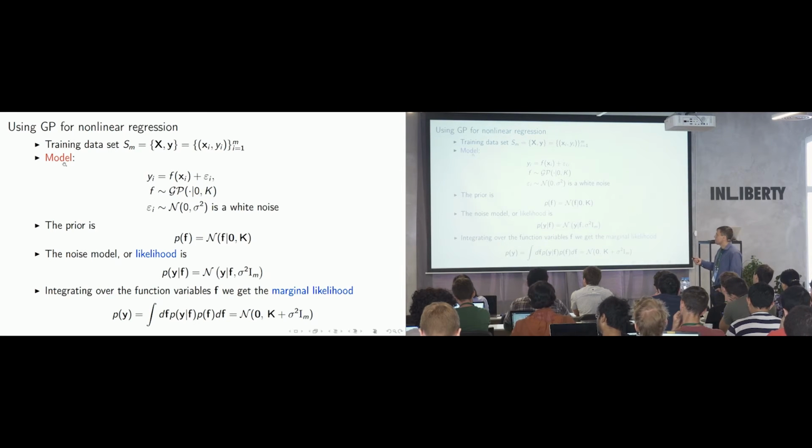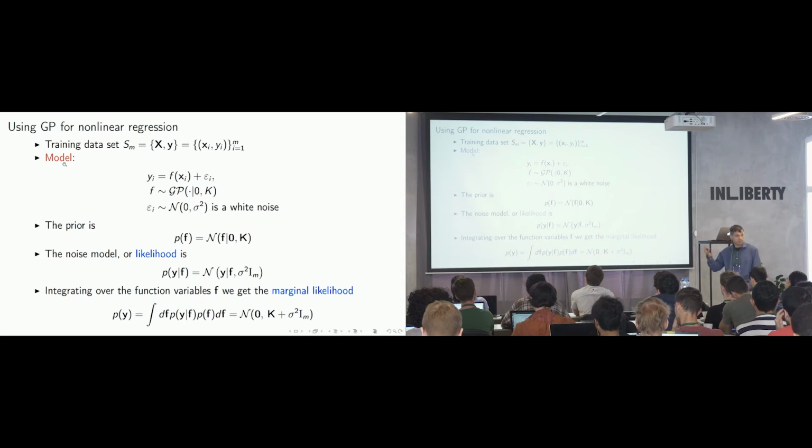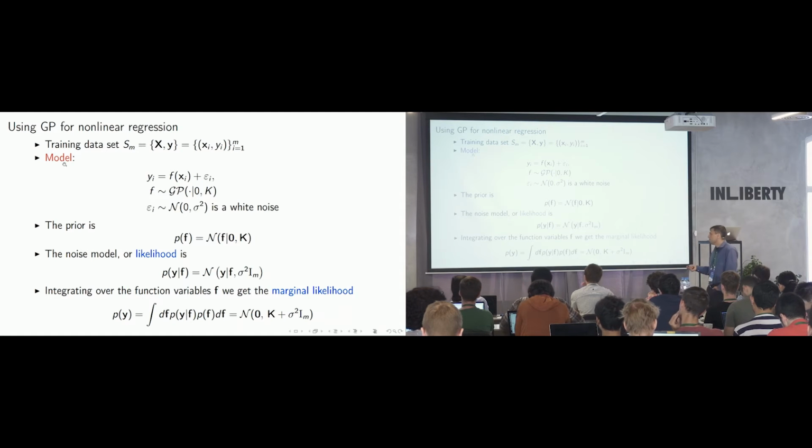Because of this Gaussian white noise assumption, the distribution of y given f is also Gaussian with mean equal to f, because f is fixed, and a diagonal covariance matrix, because it's white noise, with variance equal to sigma squared. We will use this property when we construct the prediction.